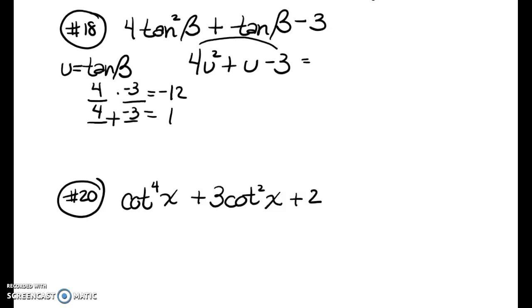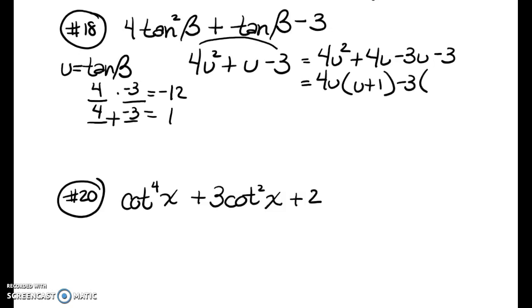So I can say 4u squared plus 4u minus 3u minus 3. And now I'm going to factor by grouping by taking a 4u out of the first two terms, and I'll take a minus 3 out of the last two terms. And when I'm done, I get this.